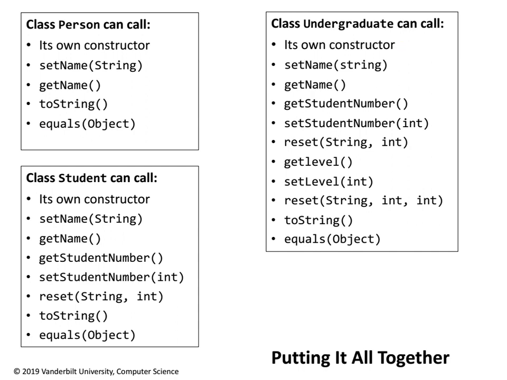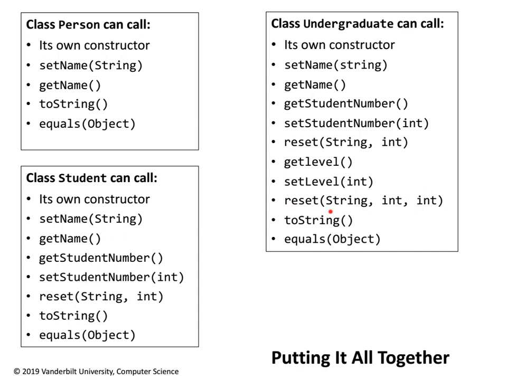Undergraduate can call its own constructor, setName, getName, getStudentNumber, setStudentNumber, reset, getLevel, setLevel, reset, toString, and equals. Again, toString and equals override the toString and equals from student, yet we can still call the toString and equals methods from the student class using the super keyword.